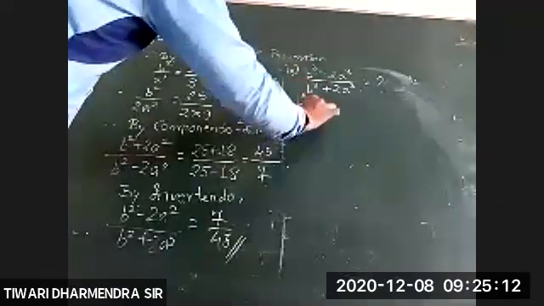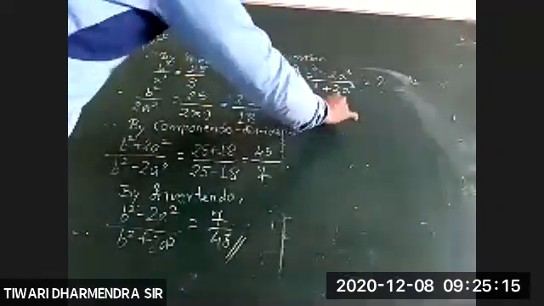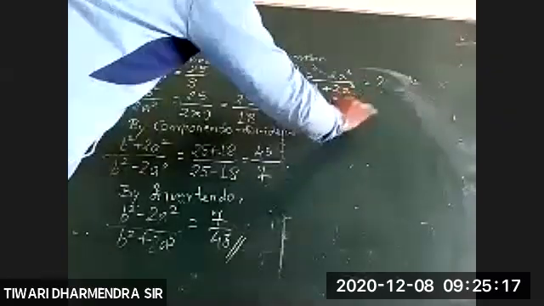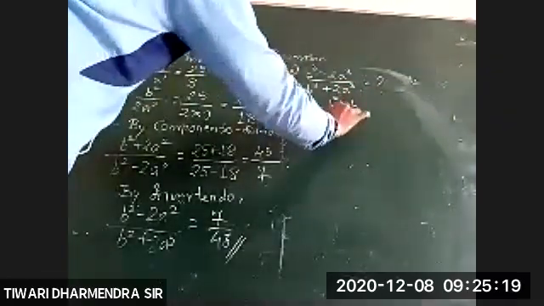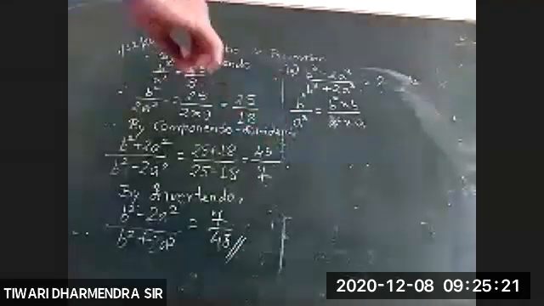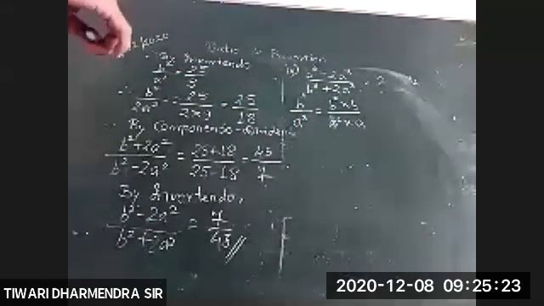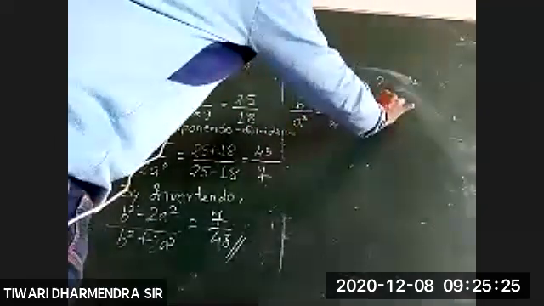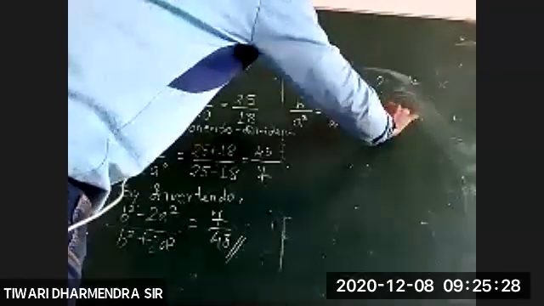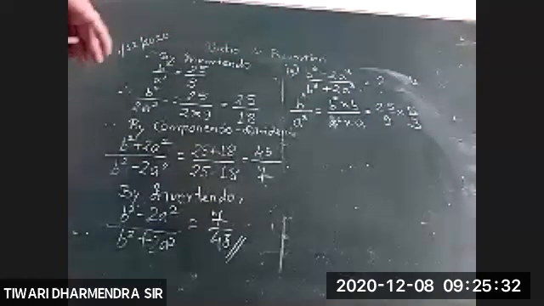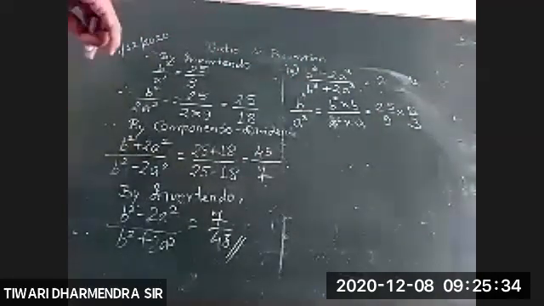So b cube upon a cube is nothing but b square into b upon a square into a. We know the value of b square upon a square. It is 25 by 9 into 5 upon 3, as the value of b by a is 5 by 3.